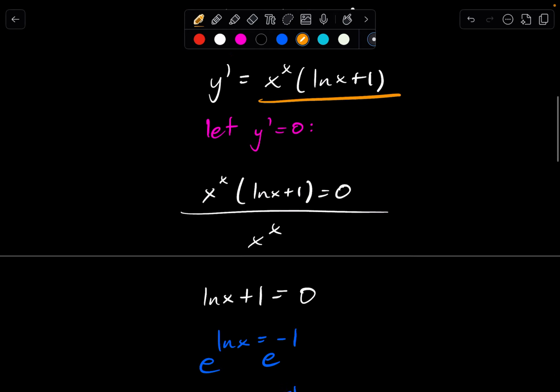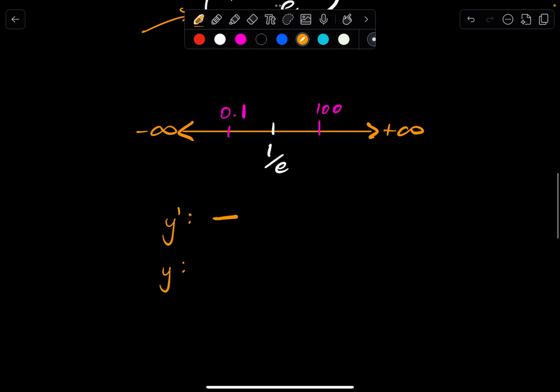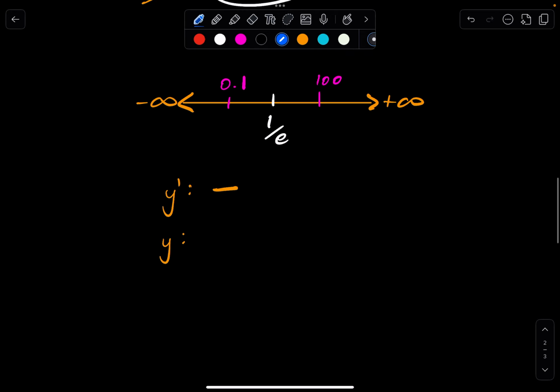And then I indeed get a negative number, which means our derivative here is negative. And then if we plug in 100, well, what happens? We have 100 to the 100, which is a positive number. Then we have ln of 100, which is also positive. So effectively, we get positive times positive, which equals a positive number. So the derivative on the right side of 1 over e is positive.